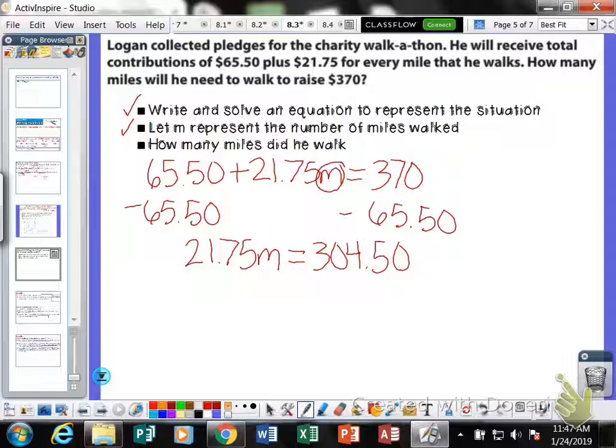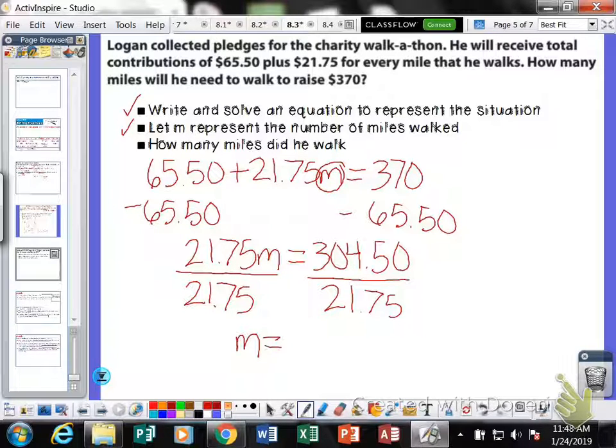Last step in solving our equation, divide each side by 21.75. Because our goal, remember, is to get that M by itself. So we divide both sides by 21.75. And that's going to give us our final answer of M equals 14.